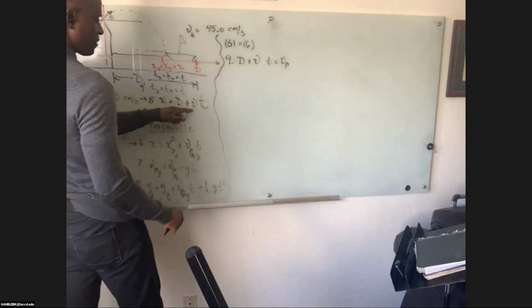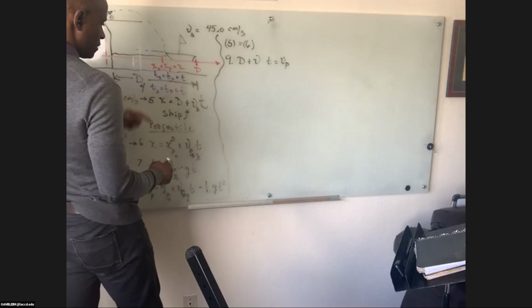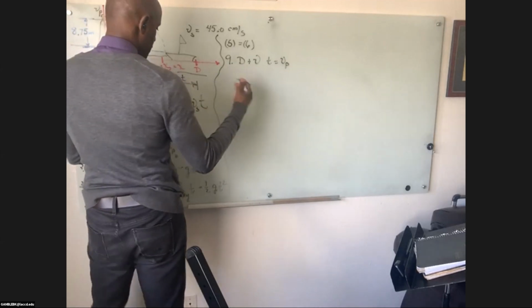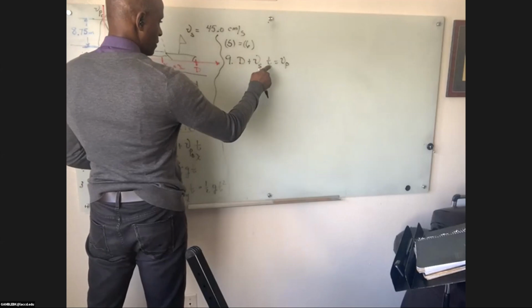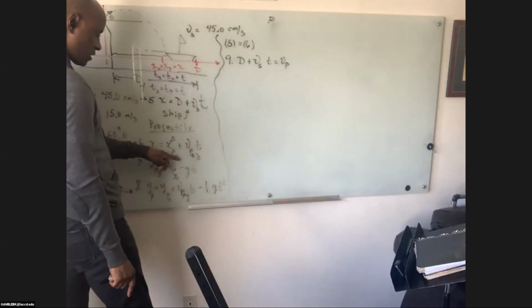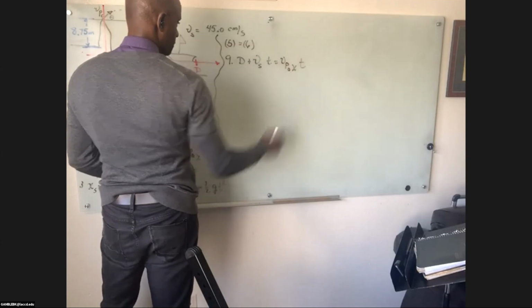X equals D times V times T, and that V is VS actually. It's constant, so it's not initial or final. So then this is VS times T, and that equals VP naught X times T.